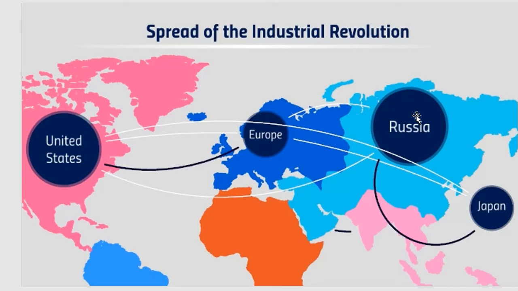So guys, this is about the spread of the industrial revolution. In this video, we have discussed the industrial revolution, its definition, the countries it spread over, and the background of its spread in each and every country.